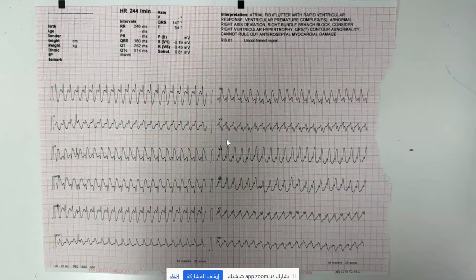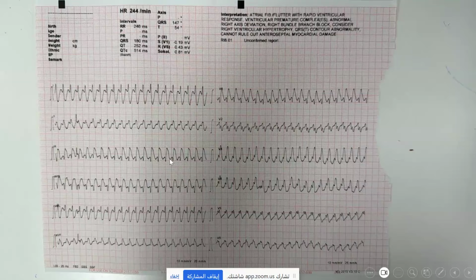I know it's a bit of a tricky ECG, but we need to discuss it anyway. If you look carefully, from first glance you will find it looks like a wide complex tachycardia, which it is not. If you look carefully at the R wave, it is a very fast tachycardia. It looks a bit wideish in the V leads.